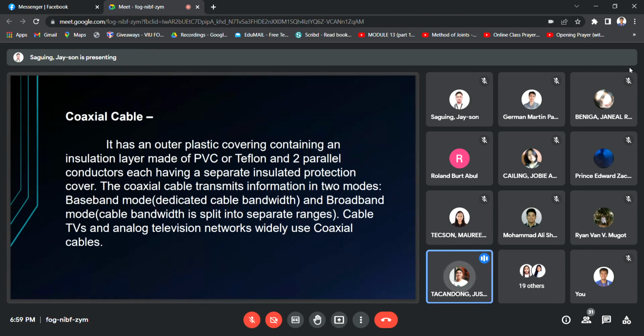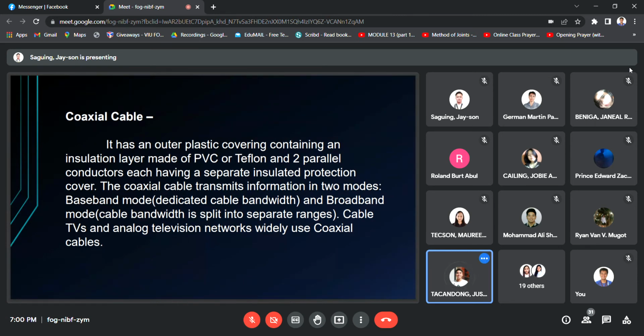So, coaxial cable has an outer plastic covering containing an insulation layer made of PVC or Teflon and two parallel conductors, each having a separate insulated protection cover. The coaxial cable transmits information in two modes: the baseband mode, or the dedicated cable bandwidth, and broadband mode, or the cable bandwidth is split into separate ranges.